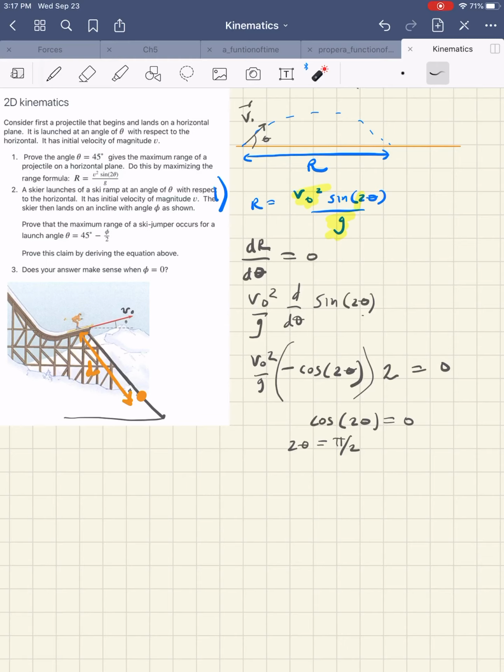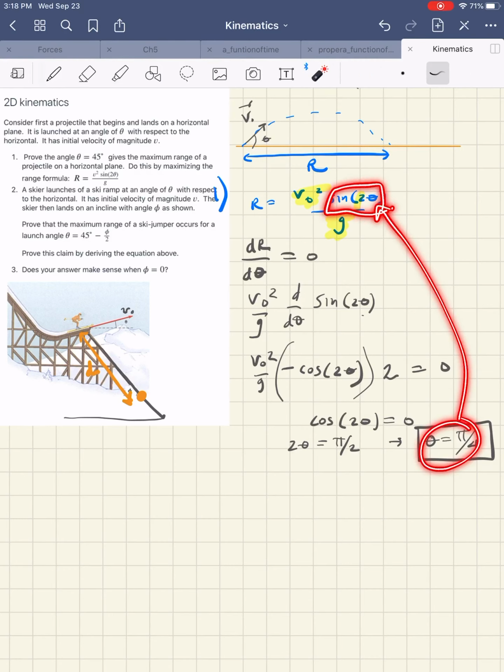So theta can be seen to be pi over 4 or 45 degrees, and that's the angle that maximizes this. And one of the ways I know it again is if I do plug this angle in to here, sine of 2 theta will be 2 times pi over 4, which is pi over 2, and this will equal 1, and that's the most that the sine function can be.